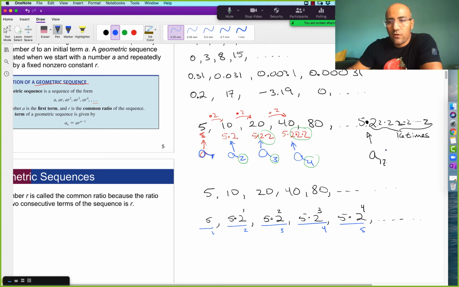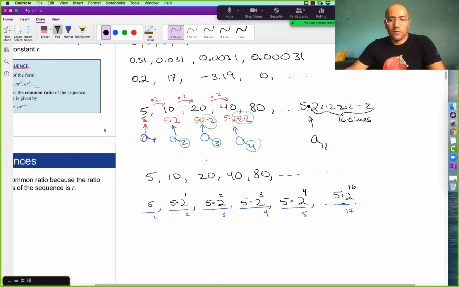Right? So if I skip down the road and get all the way down to the 17th spot, the 17th number on my list, I can establish, based on this little pattern, that that number is going to be 5 times 2 to the power of 16.